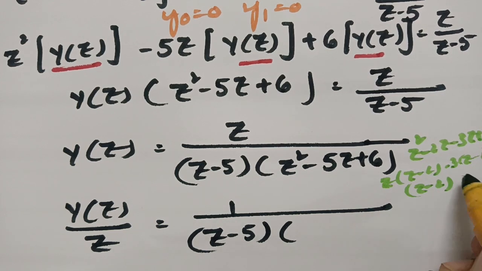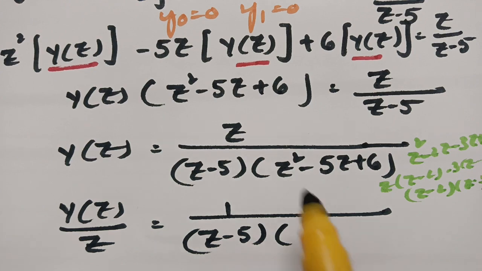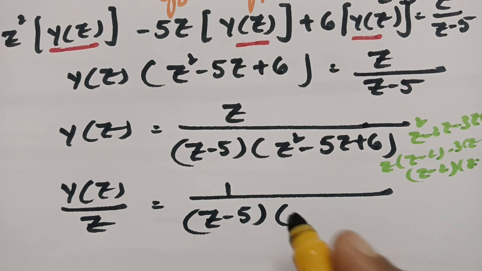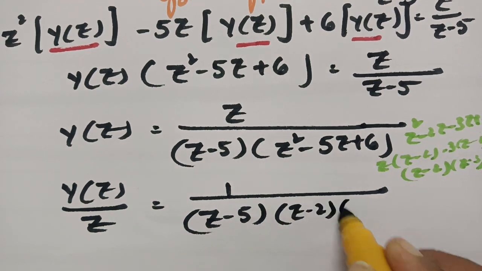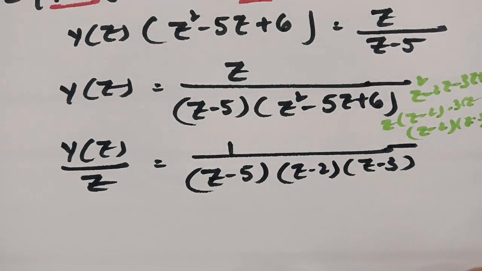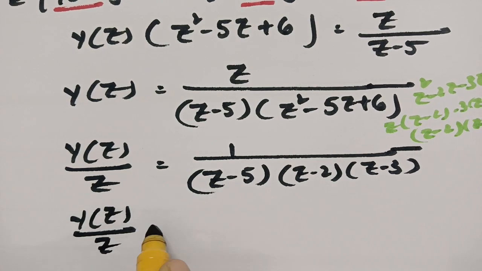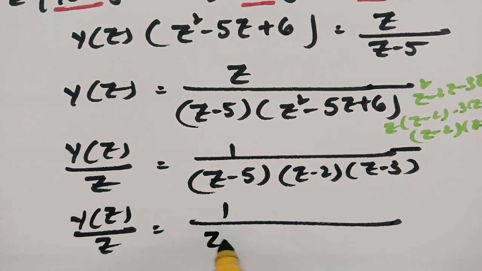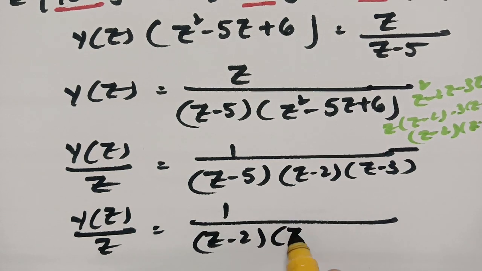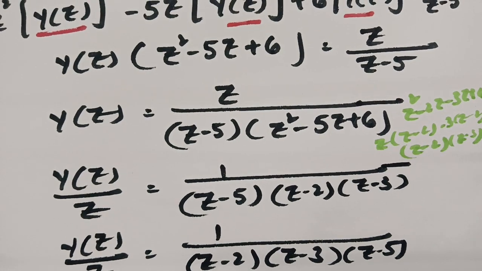So this is (z minus 2)(z minus 3). Now Y(z)/z is equal to 1/((z minus 2)(z minus 3)(z minus 5)).